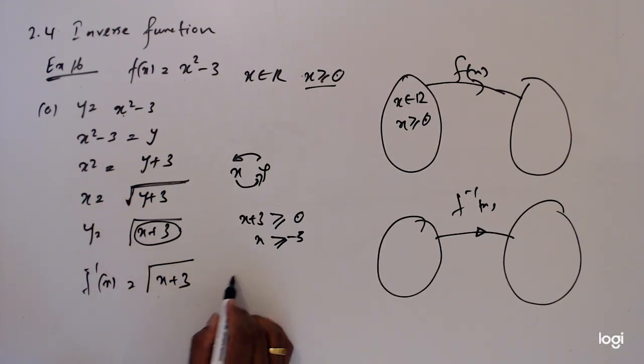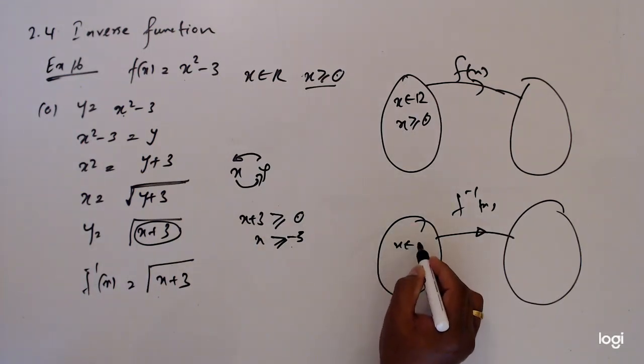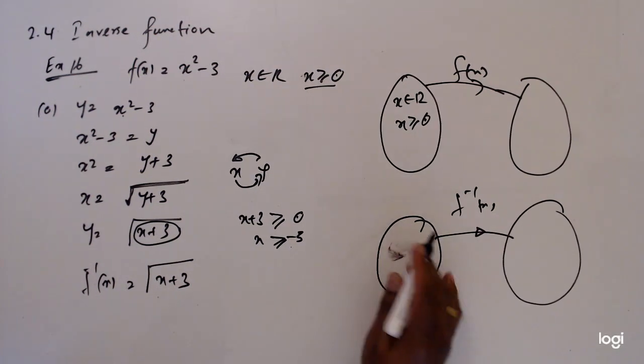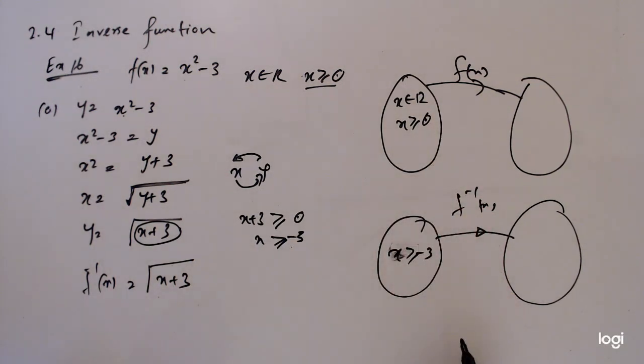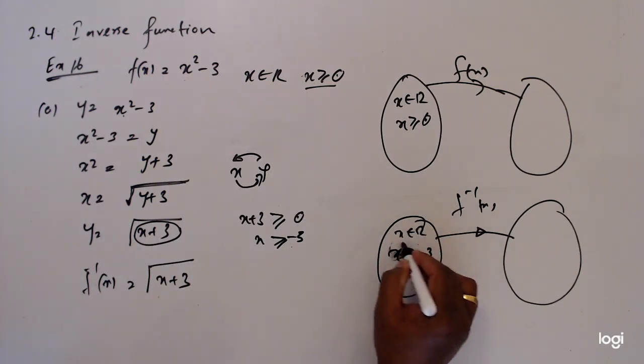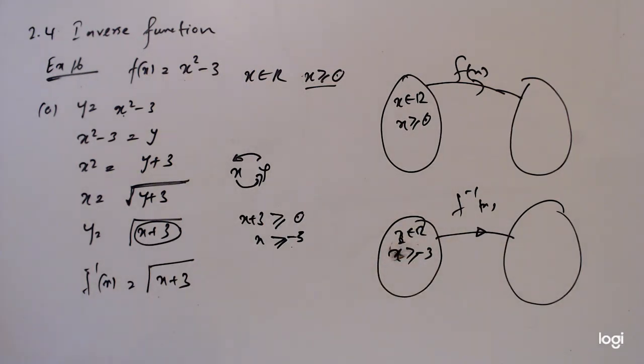So the domain has to be x greater than or equal to -3.